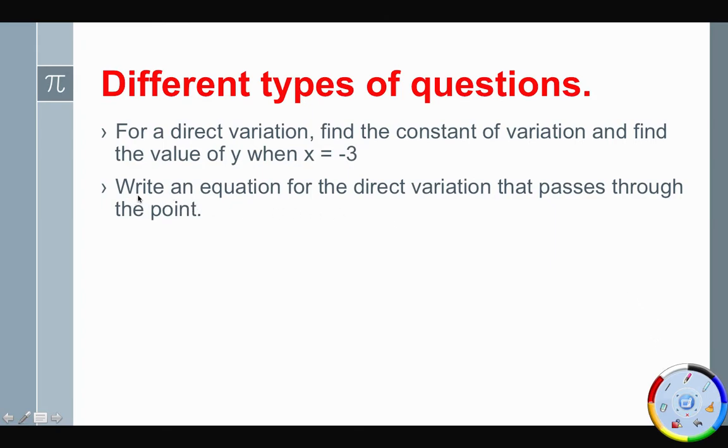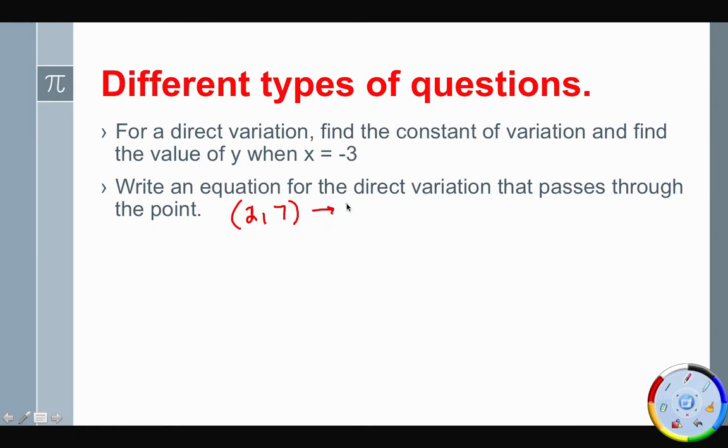This one is a pretty simple one. If I want to write an equation for the direct variation that passes through the point, let's say it's the point, let's go with 1, no, let's go with 2, 7. Okay, if I want to write the equation for a direct variation that passes through this point, I need to find k.